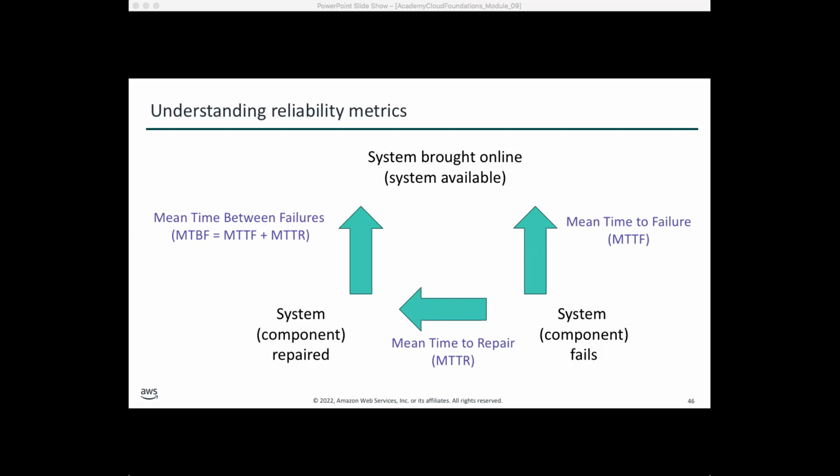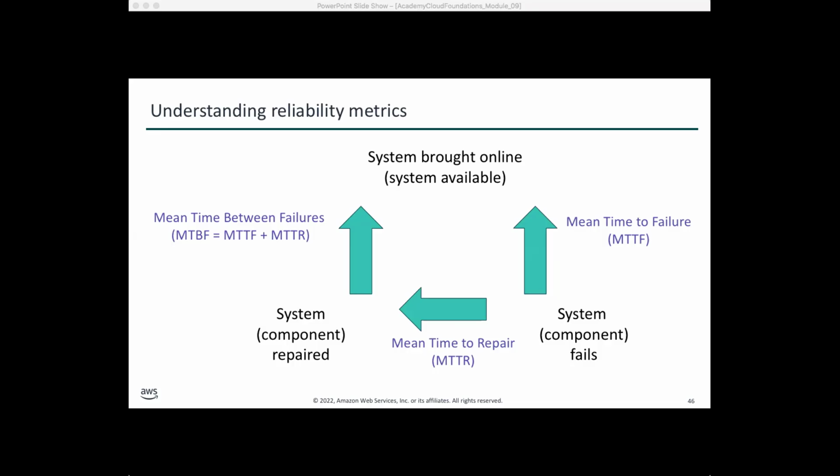Mean time to repair is the time you took to repair, whatever time it was. If it failed over the weekend and you took that, it could be 72 hours.